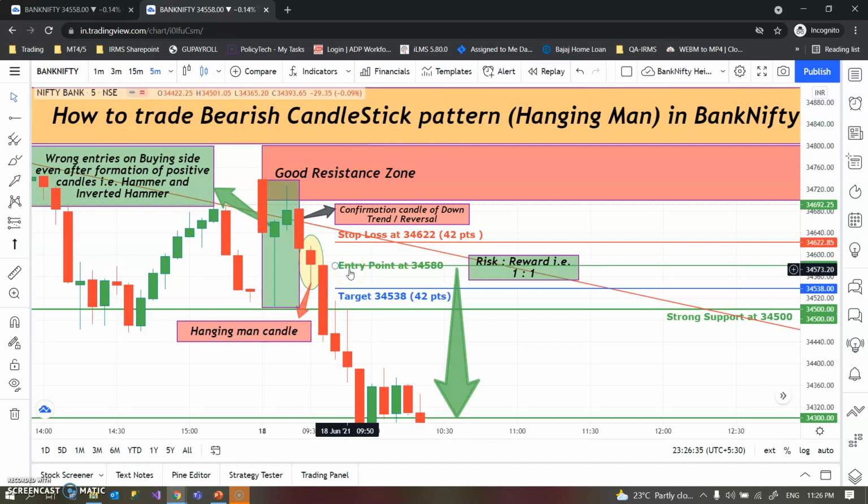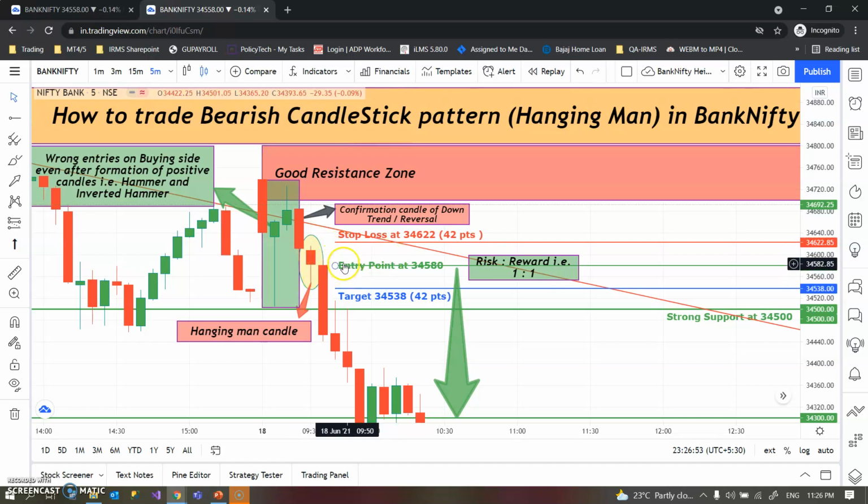After entering the trade, immediately we should place a stop loss. What should be the stop loss? The stop loss should be the high of the candle plus a buffer of 5 points in order to avoid stop loss triggering or stop loss hunting.